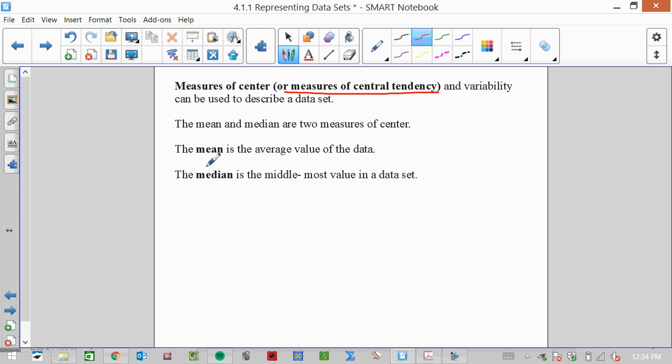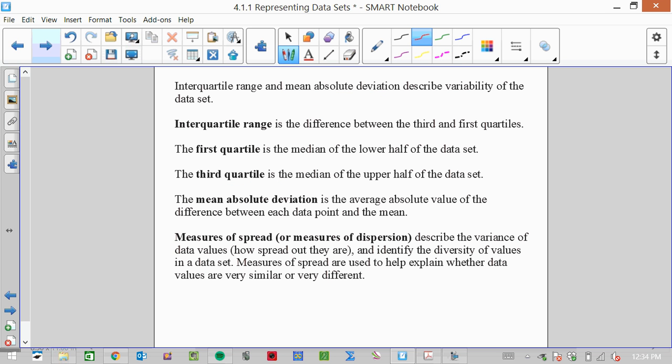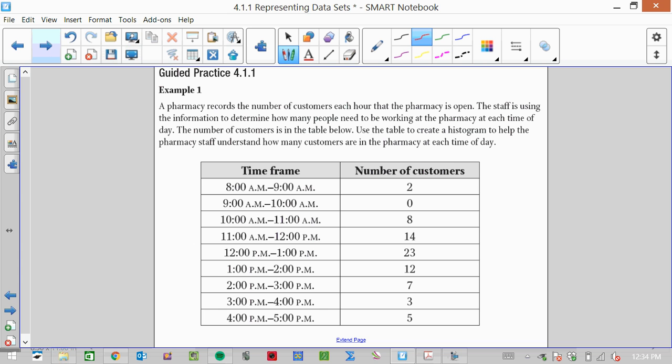So the mean is the average, and we know how to take an average, and the median is the middle number. So when you place a data set from lowest to highest, the median is always the number in the middle. Quartile ranges, we're going to discuss that a little bit later, but you can always come back and reference these vocabulary words.